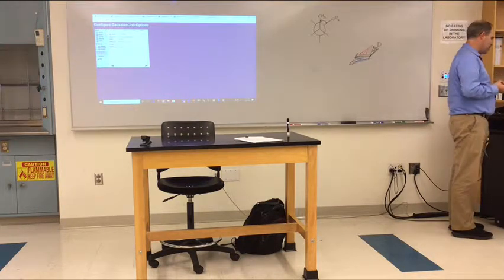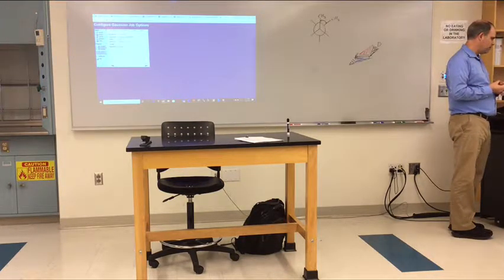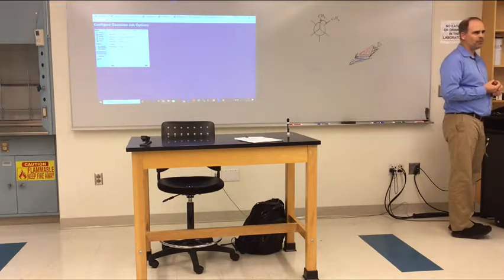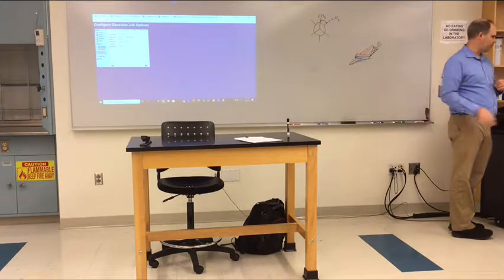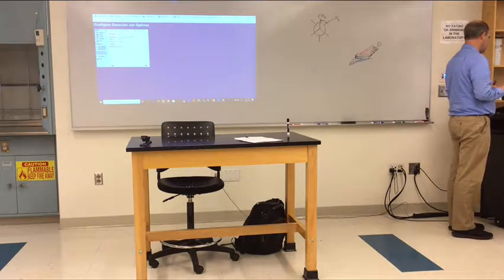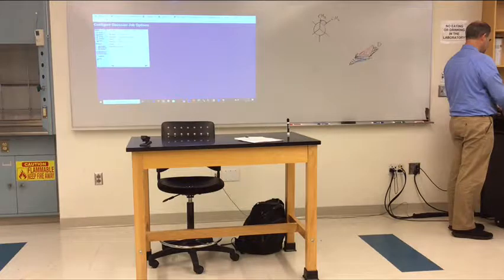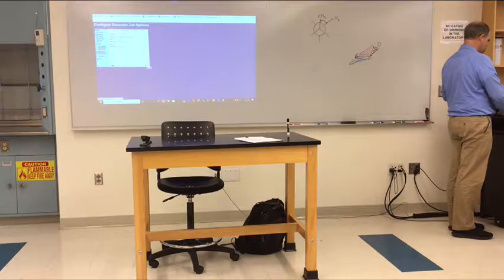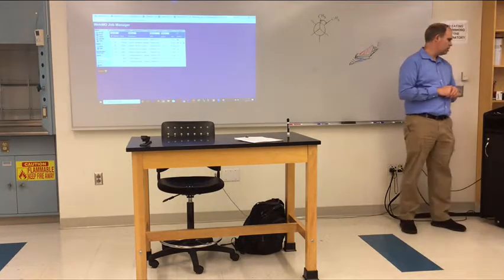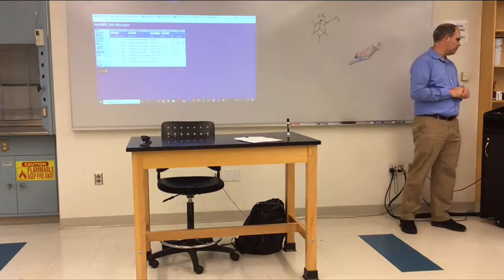The spin multiplicity. Most of the things we're going to deal with are going to be singlet state. We might do some radical chemistry a little bit later, in which we'd have a doublet, but for now, keep it as a singlet. Okay, and then the advanced stuff we're not going to deal with today. So you just click continue, and it is churning.